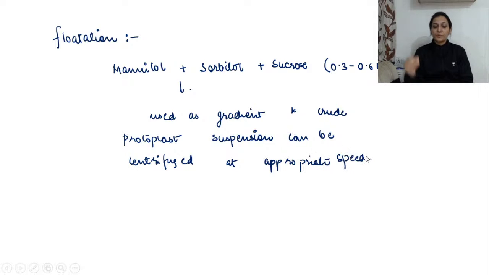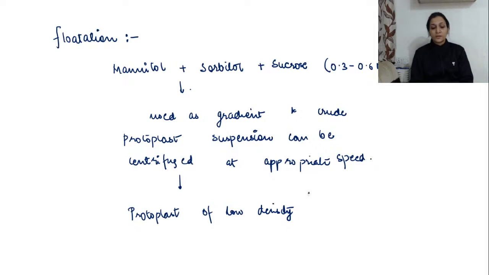The protoplast are lighter, of low density, while the other debris allows the protoplast to float and the cell debris to sediment. So protoplast of low density float, and cell debris, that is the dead cells, sediment.